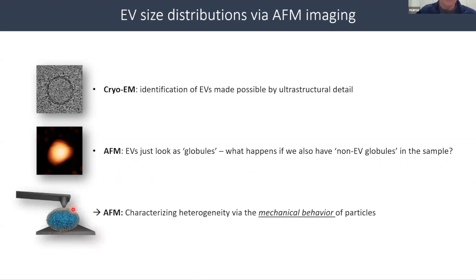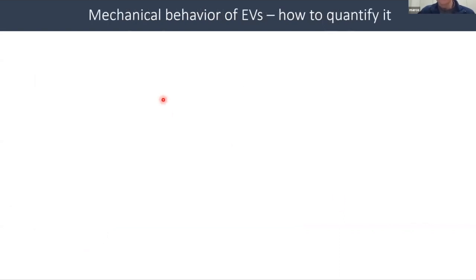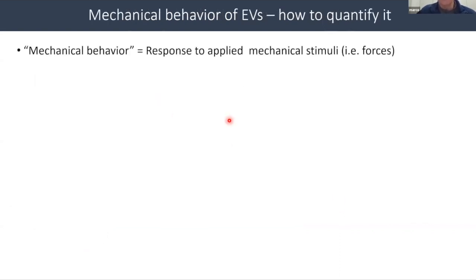We can use nanomechanics with AFM. So we might try to assign a biological identity to this blob by using its mechanical behavior. What do I mean by mechanical behavior? It is simply how the object responds to an applied mechanical stimulus like an indentation force.